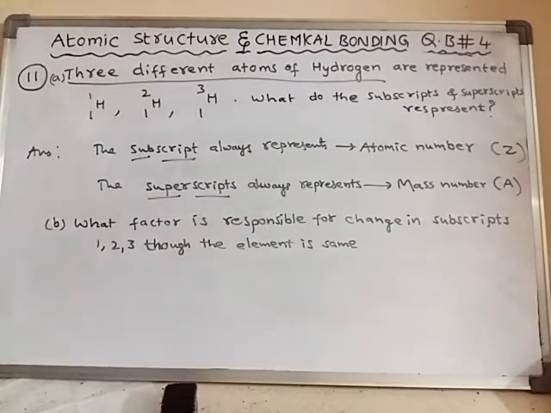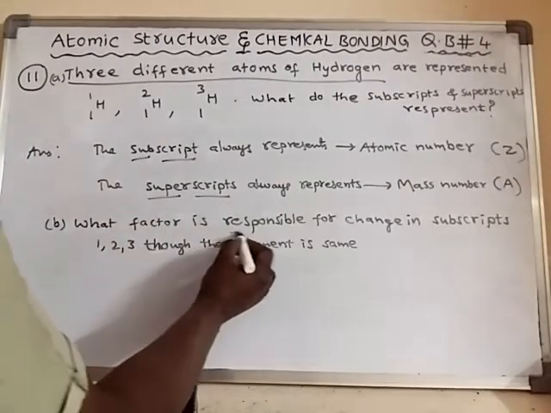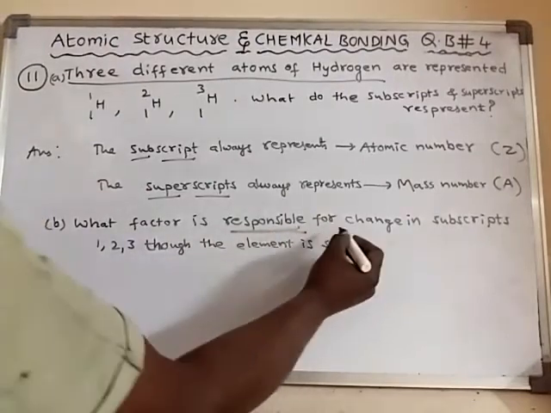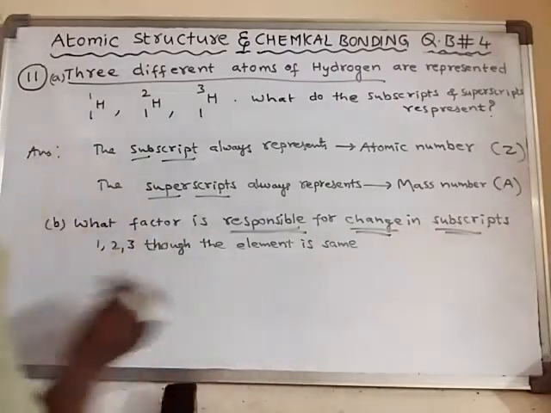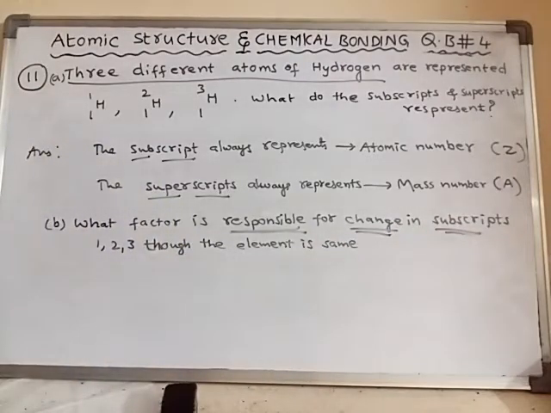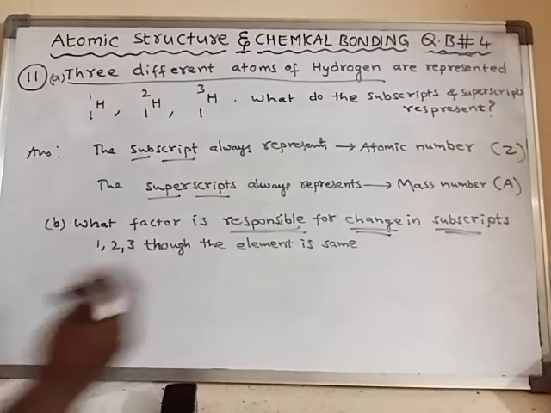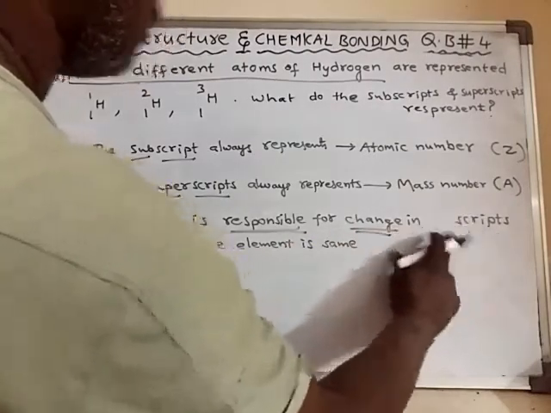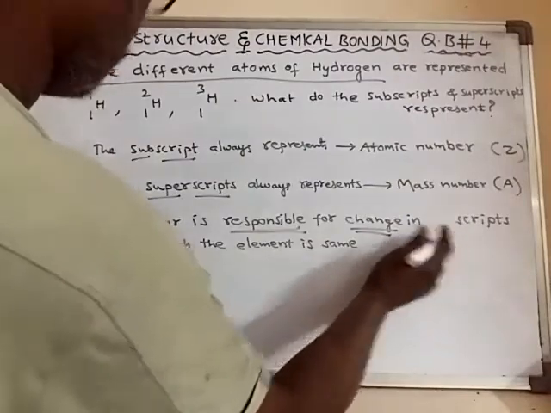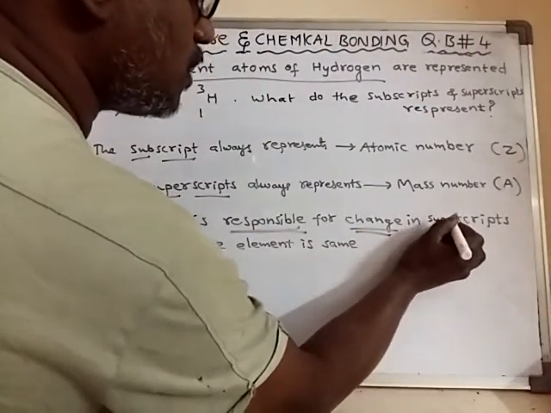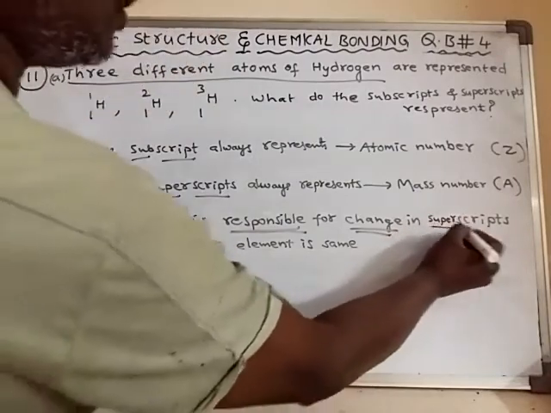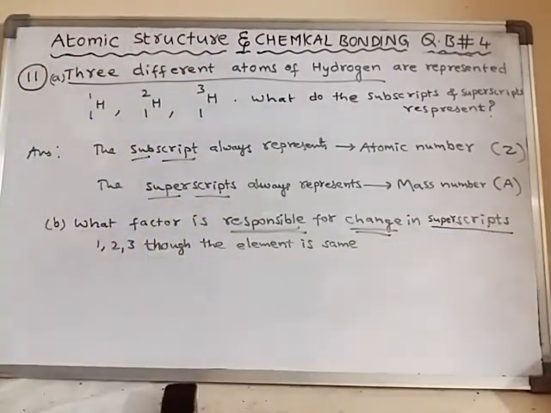So why is there a change in the subscripts? Not subscript, superscript, because the subscripts are the same. In the question it is already given as superscript; by mistake I wrote subscript, but actually it is mentioned as superscript.